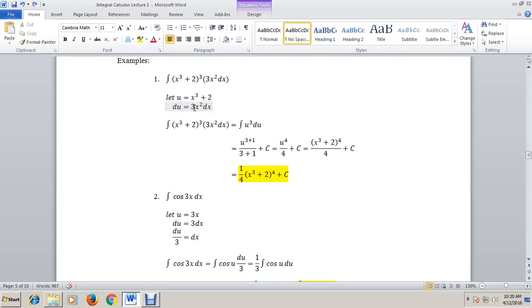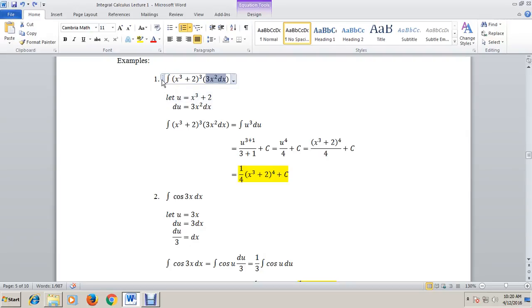Now, notice that the resulting derivative, 3x squared dx, is actually part of your integrand, which is 3x squared dx. That means this is actually your du, 3x squared dx, and your original expression x cubed plus 2 is actually your u.